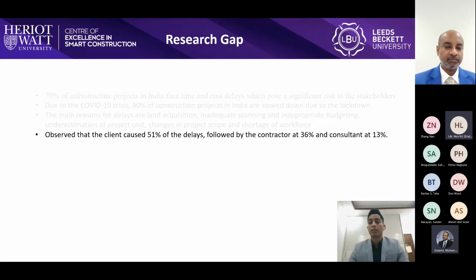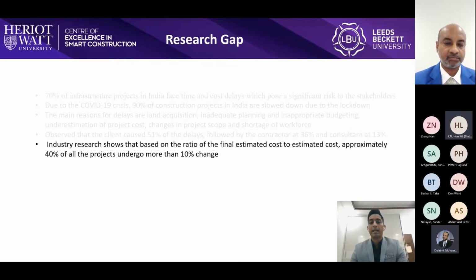It has been observed in the literature that within the number of projects which are delayed, 51% of the delays are caused by the client, while 36% by the contractor and only 13% by the consultant. Industry research also highlights that among the projects which have a cost overrun, approximately 40% of these projects undergo more than 10% of change.